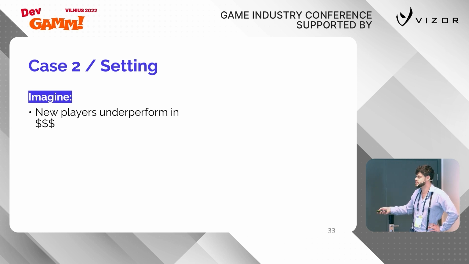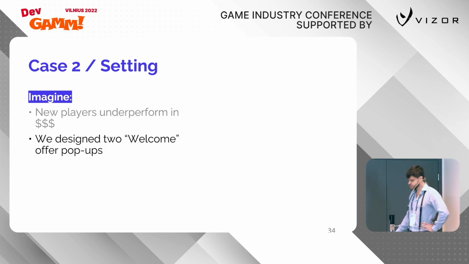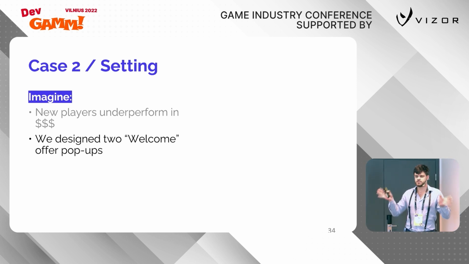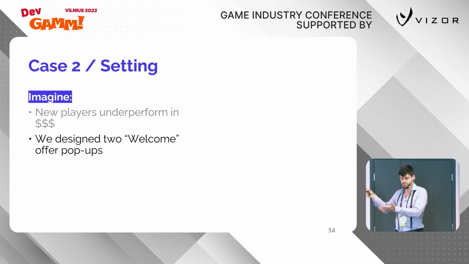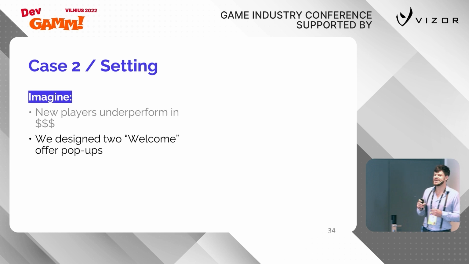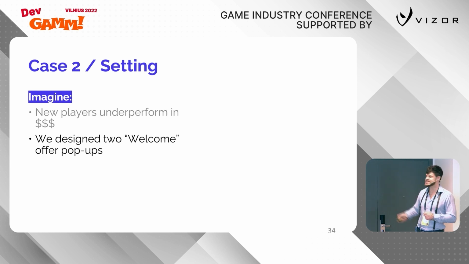Well, it happens. And we decide that, okay, let's make welcome offer pop-ups. We have a mobile game, for example, and these pop-ups will ask new players for money, essentially, and we hope that they will drive revenue and improve metrics, etc.